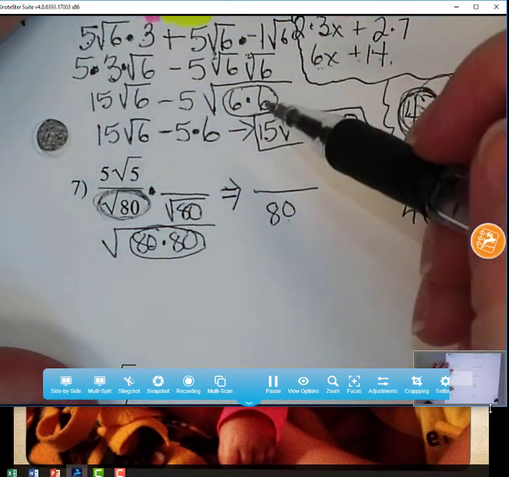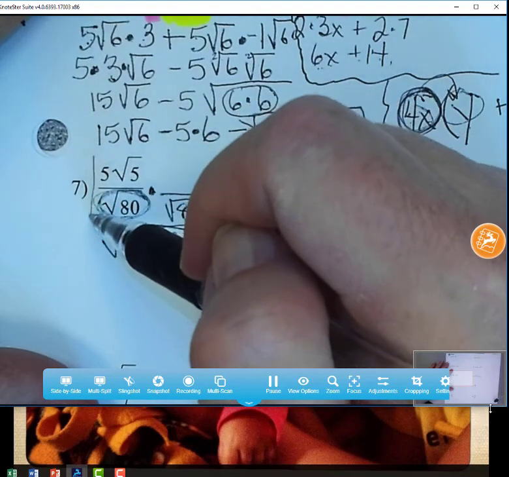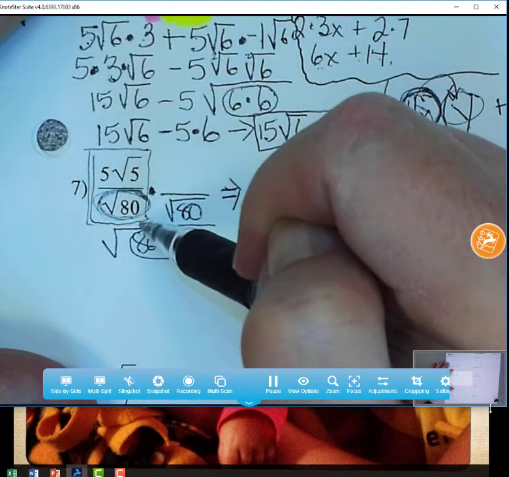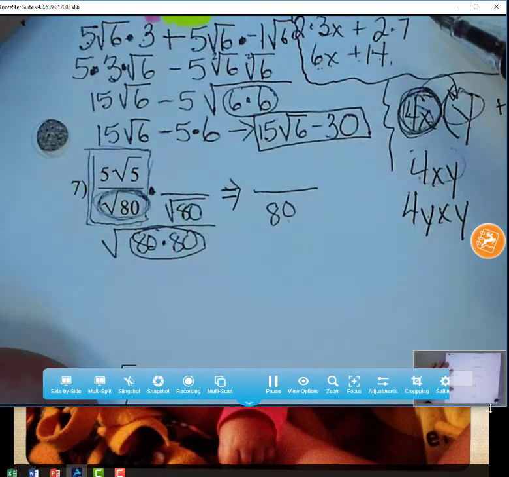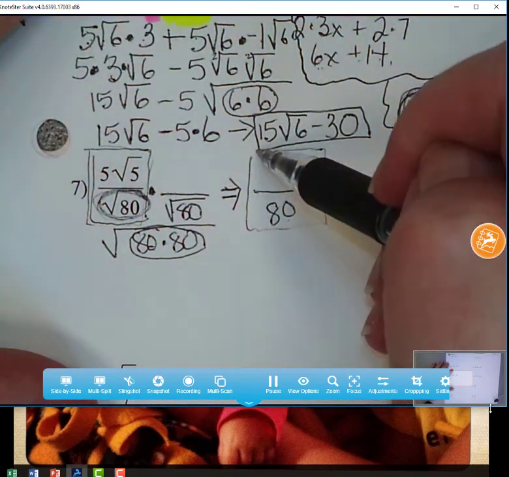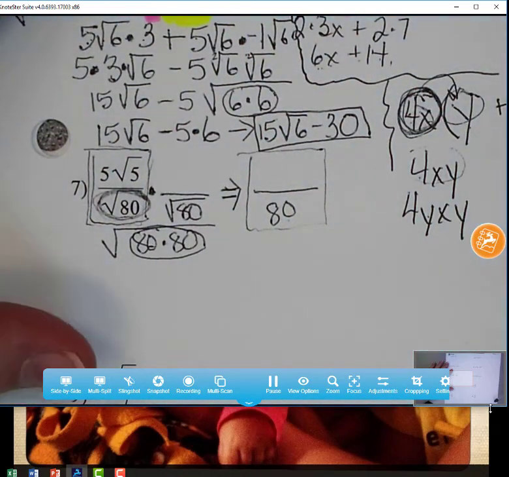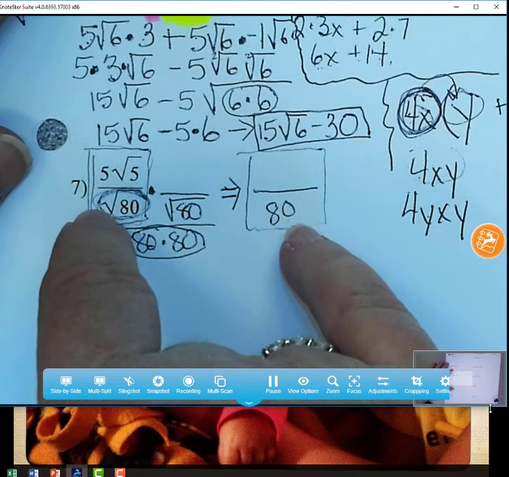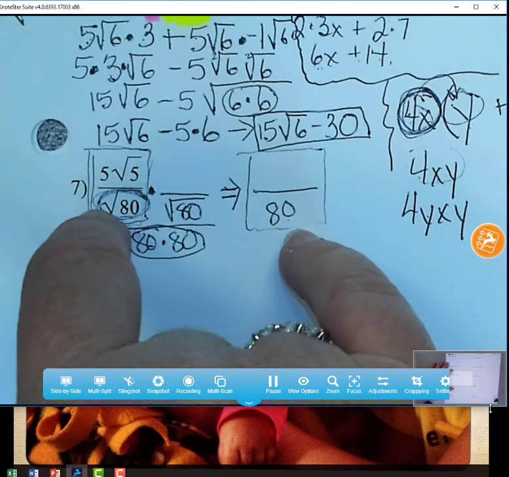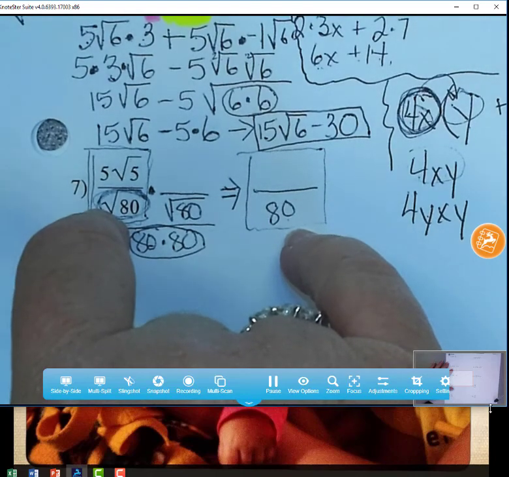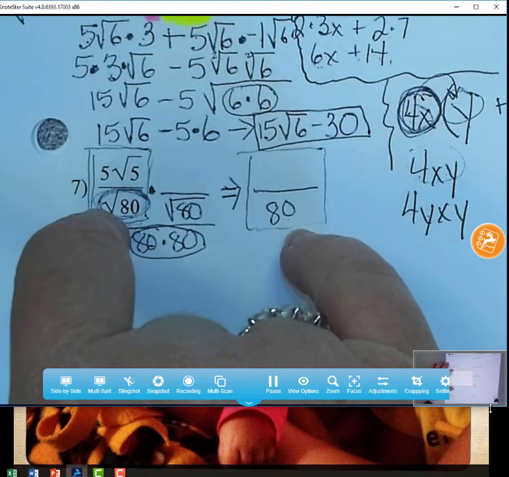However, this represents a certain amount. So if I gave you this amount of pizza, let's say, this needs to represent the exact same amount. I'm changing how the numbers look, right? I'm going from the square root into just 80. I'm changing how it looks, but it can't change how much it represents.